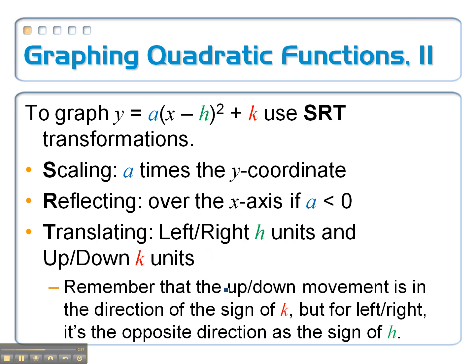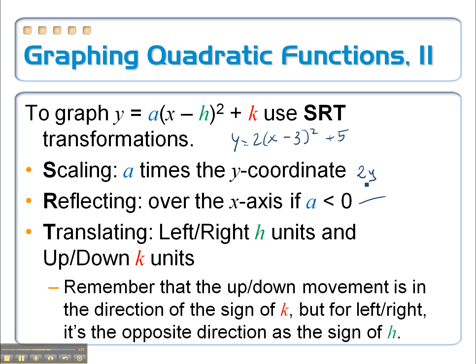So just keep in mind, though, that, for example, if this was y equals 2 times (x minus 3) squared plus 5, our a value is 2, so you'd be multiplying all your y values by 2.